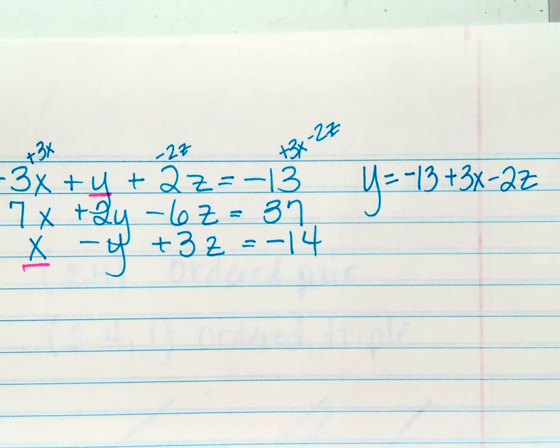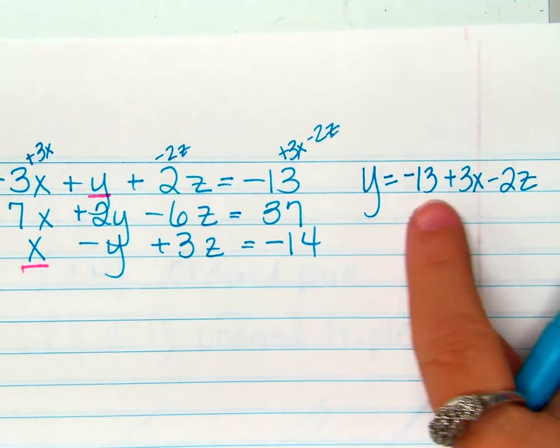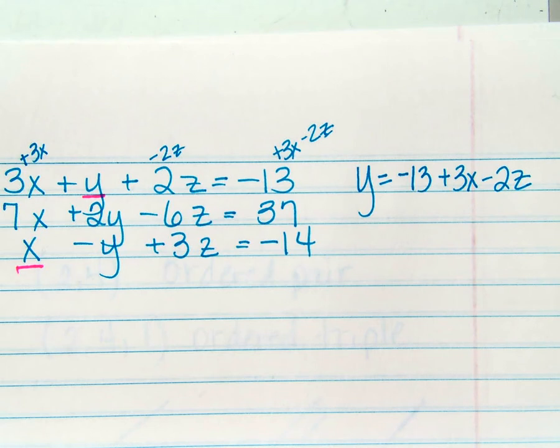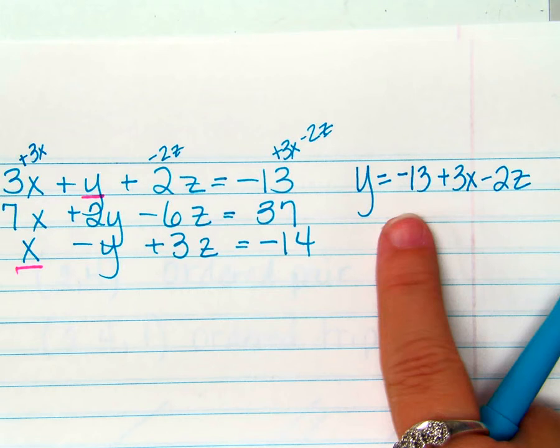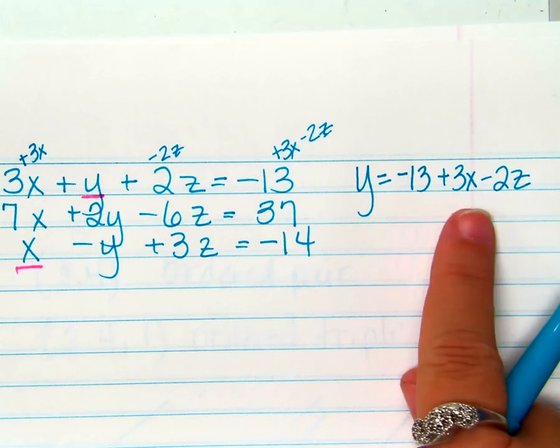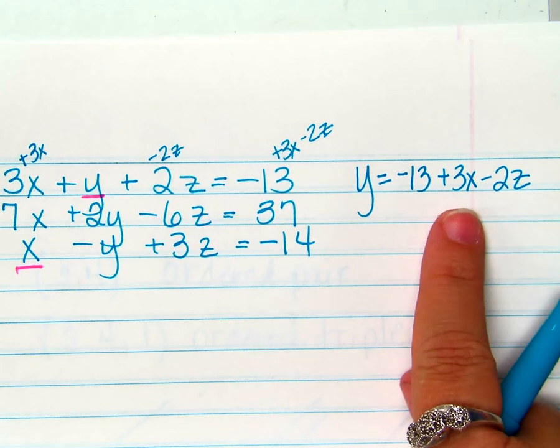Okay, awesome. Now, do I know what y equals? Yes, but no, right? I know that y equals this, but I don't know if y equals like 4 or 7 or -3, right? But I know a value that y equals. So what do I want to do with that value?